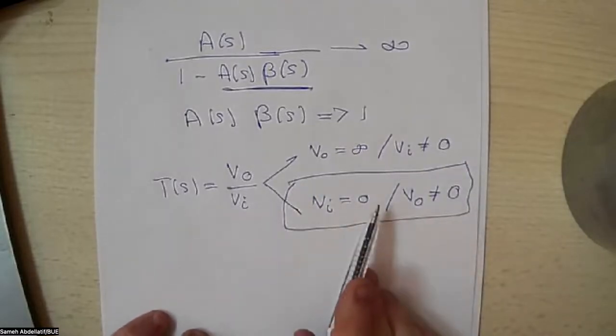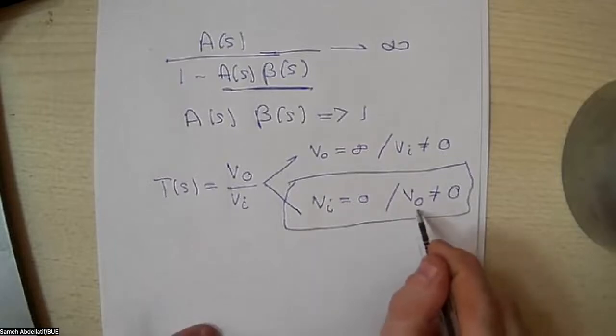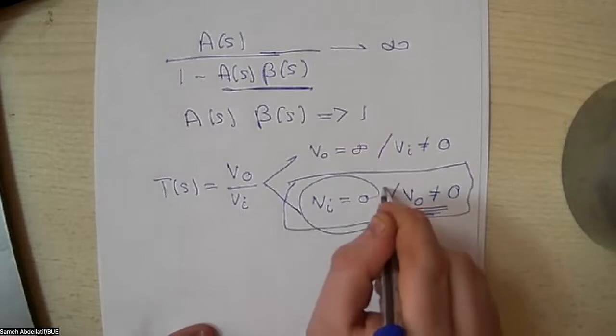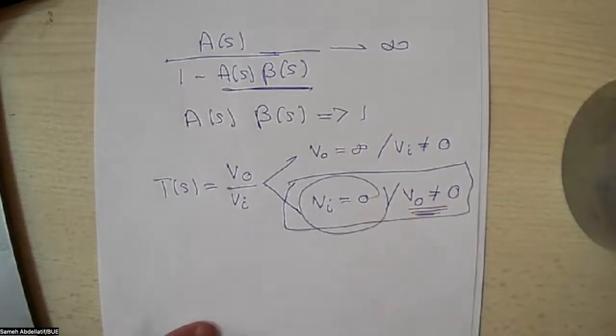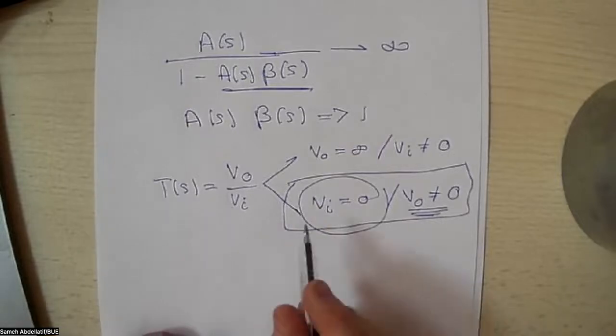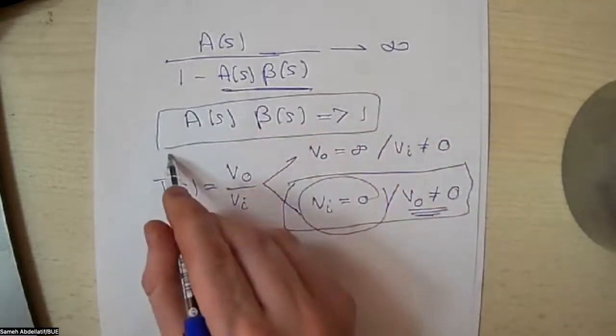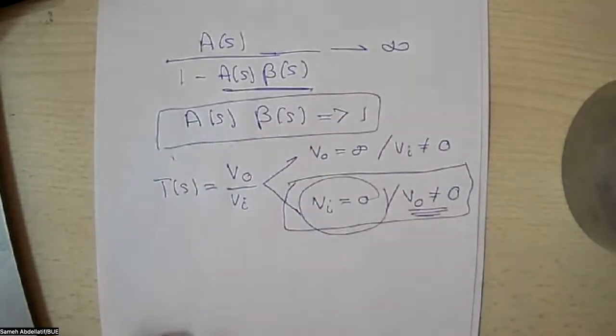We are searching for a circuit that can have some sort of a finite output with zero input voltage. So this can happen if we manage to have A(s) times beta(s) equal to 1.